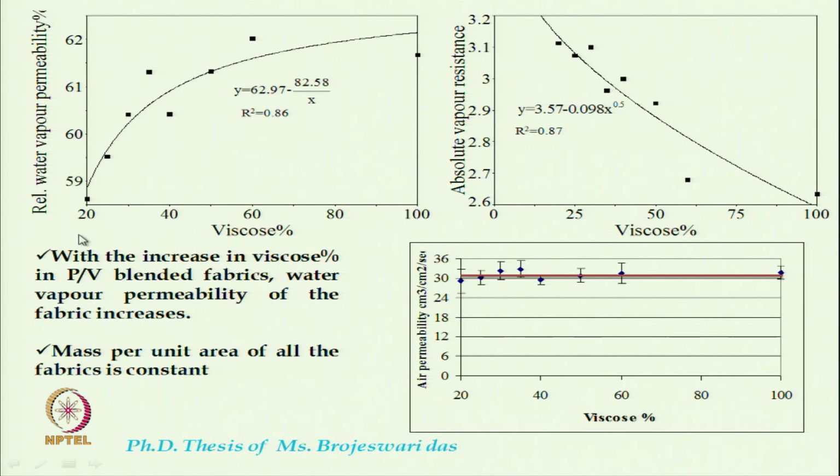The x axis shows the viscose proportion in polyester viscose blended fabric, increased from 20% to 100%. That means 80% polyester, 60%, 40%, 20% and 0% polyester. Gradually the hydrophilicity increases, and with the increase in hydrophilicity we have tried to study the impact on the moisture vapor permeability.